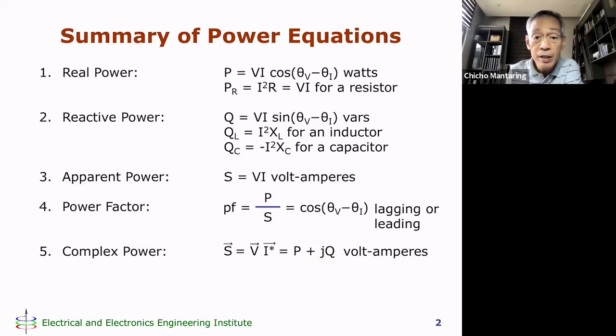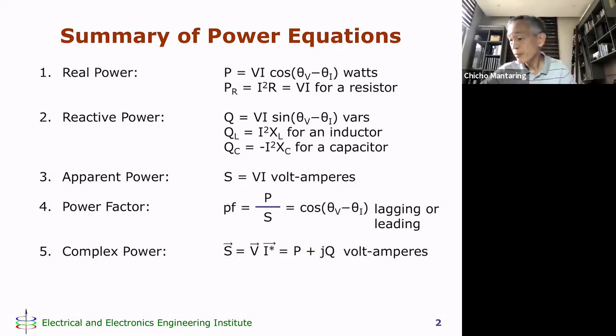That's why sometimes people have this notion that reactive power is also imaginary power. But actually, it is by no means imaginary, because it manifests itself. There's a manifestation of reactive power in an electrical system. The unit for complex power is also volt amperes. It's a voltage times current, so it is volt amperes.